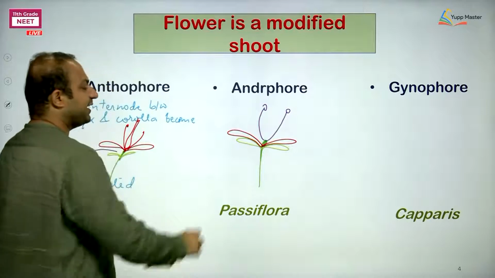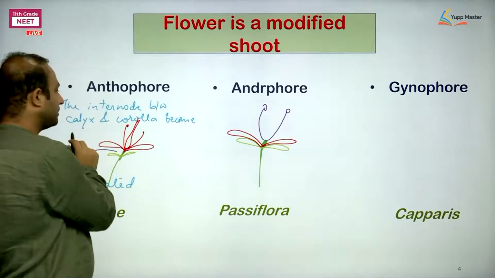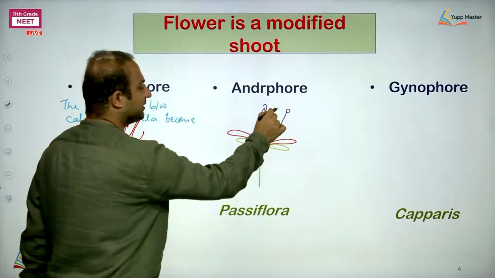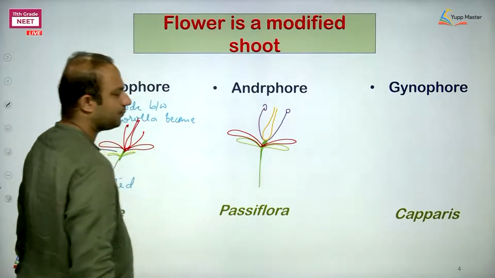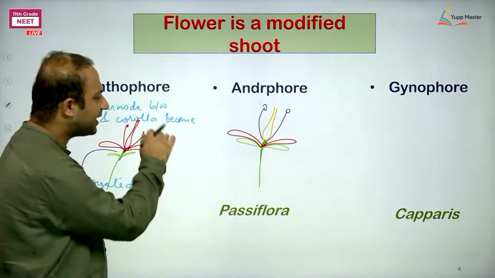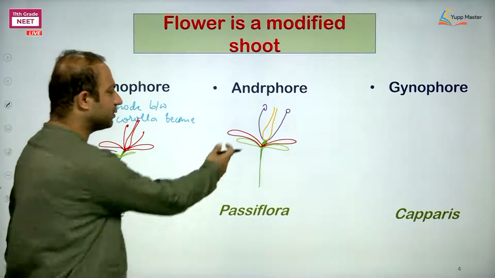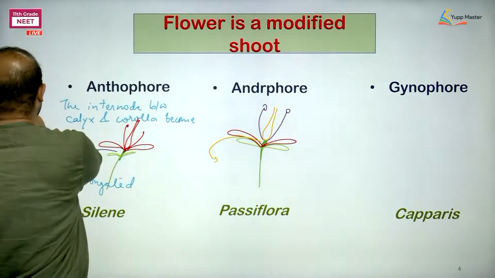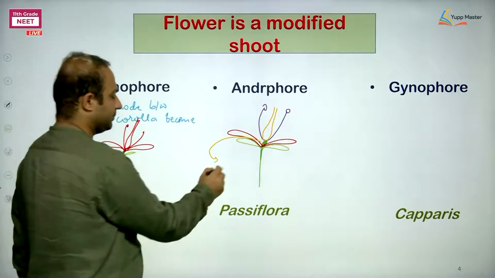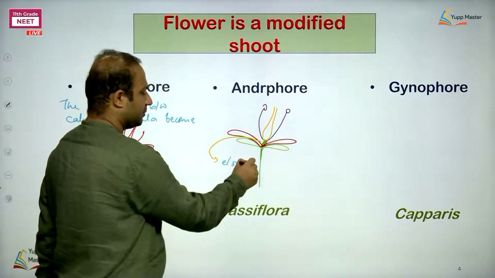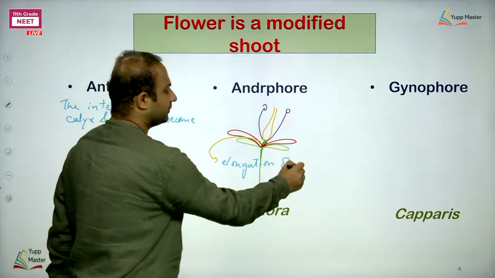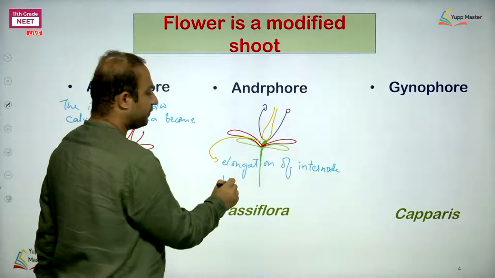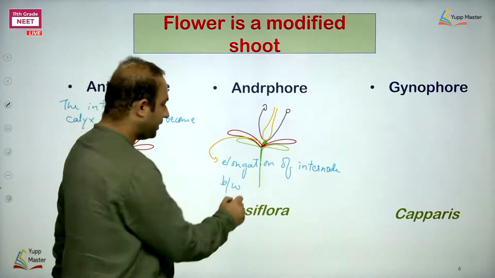I can easily identify that the androecium is much raised, or you can say much away from the remaining parts, the lower organs or the corolla. So here this is the elongation, the elongation of the internode between the corolla and androecium.